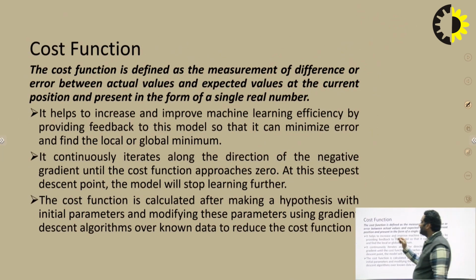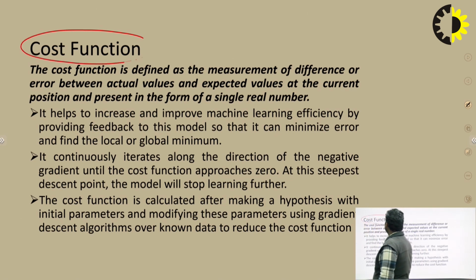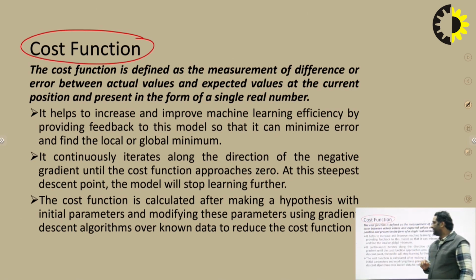Next thing is, what is the cost function? The cost function is defined as the measurement of difference or error between actual values and expected values at the current position, presented in the form of a single real number.